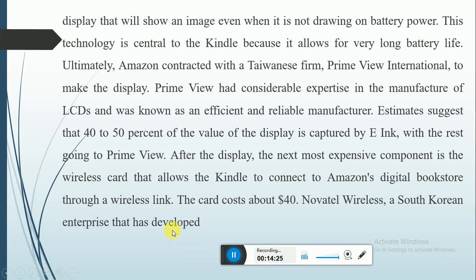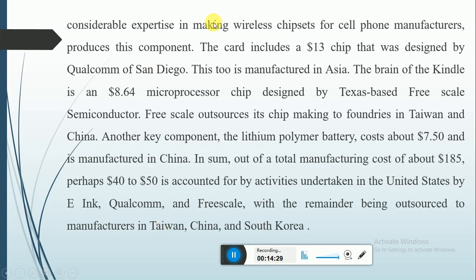Novatel Wireless, a South Korean enterprise that has developed considerable expertise in making wireless chipsets for cell phone manufacturers, produces this component. The card includes a $13 chip that was designed by a company in San Diego. This too is manufactured in Asia.